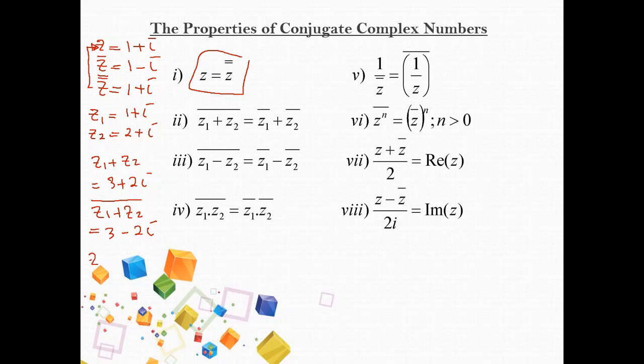Find the conjugate of z1 first, which is 1 minus i, and then the conjugate of z2, which is 2 minus i, and then add them separately. 1 plus 2 gives you 3, and minus i plus minus i gives you minus 2i. You see, this property is equivalent to that property.